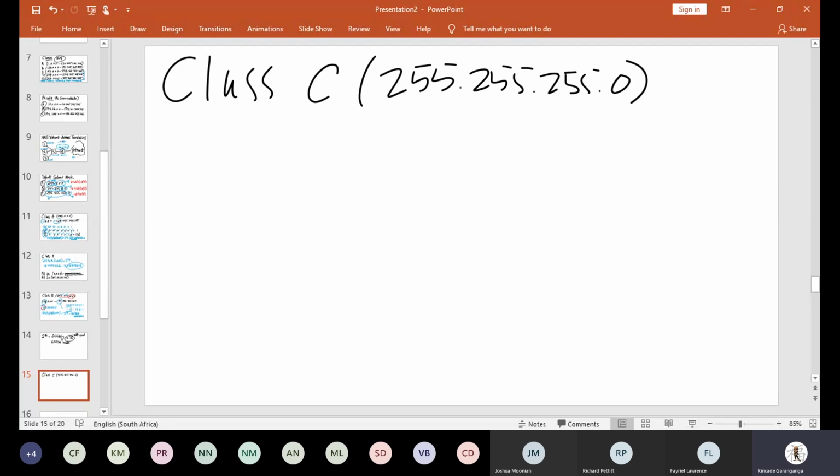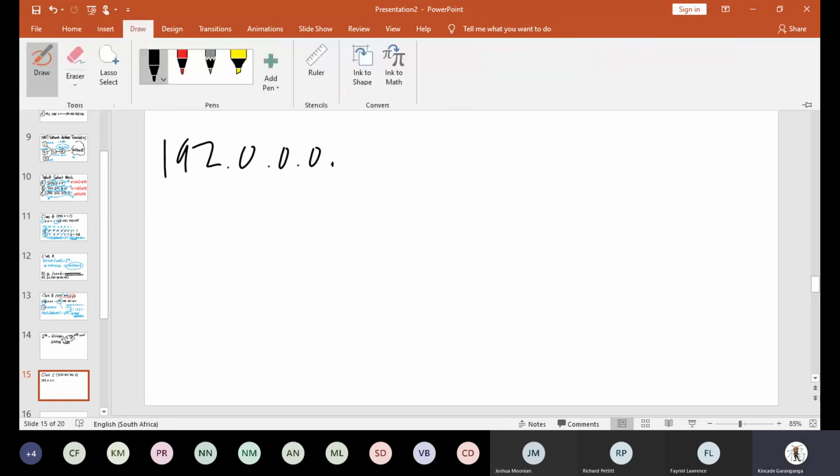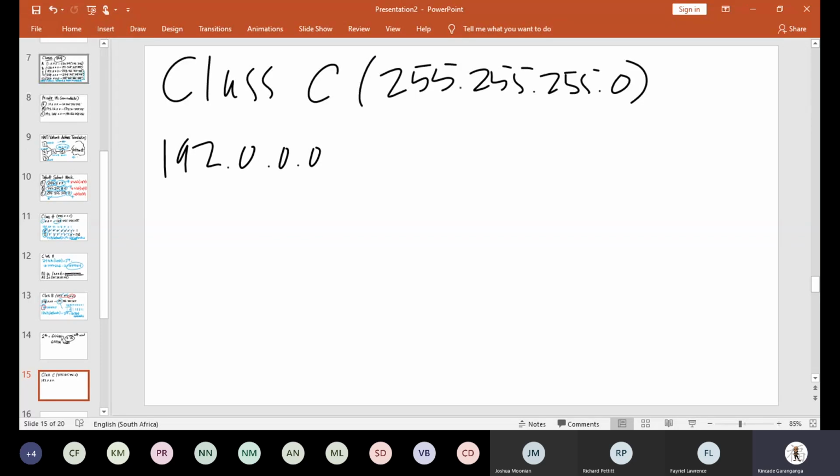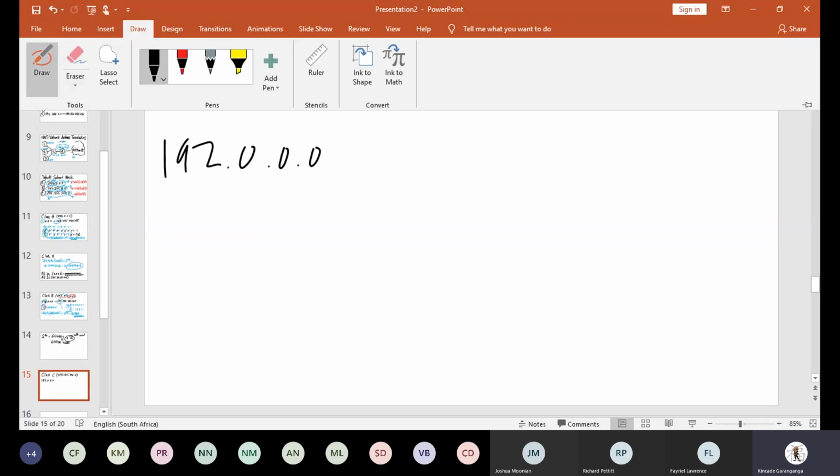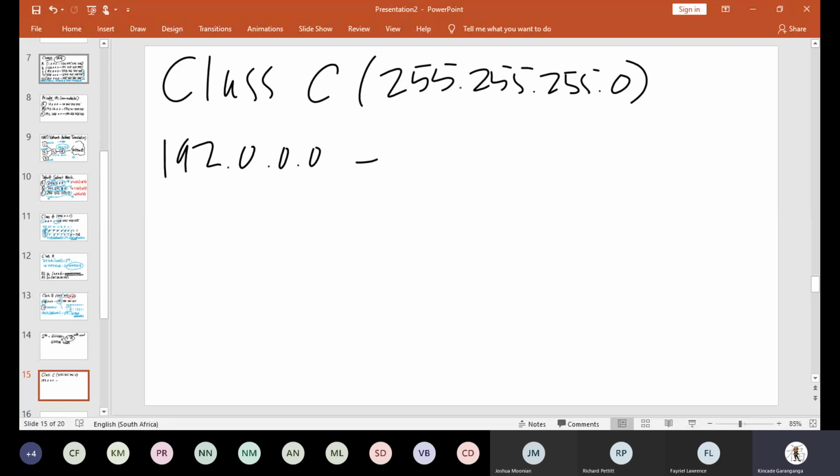And as far as class C is concerned, class C starts at 192.0.0.0, all right, and then that's going all the way to 223.255.255.255.